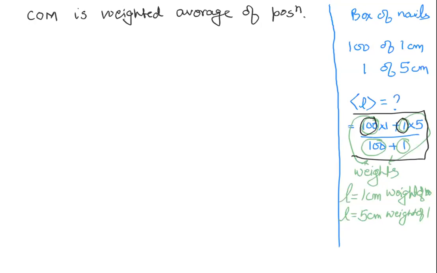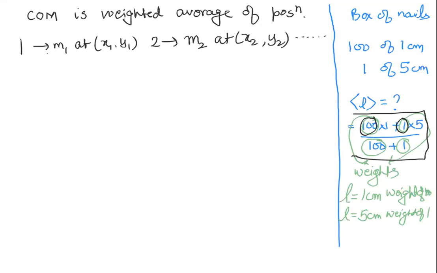So we have the x coordinate of center of mass. Supposing that we have particle 1 which has mass m1 and it is located at x1 comma y1. We have particle 2 which has mass m2 and is located at x2 comma y2, and so on, right?